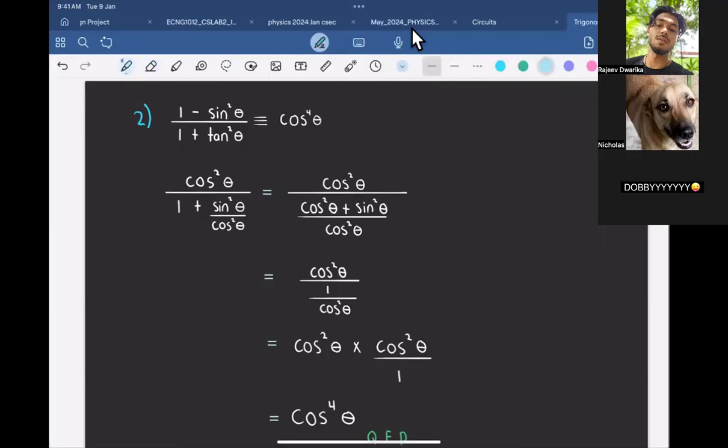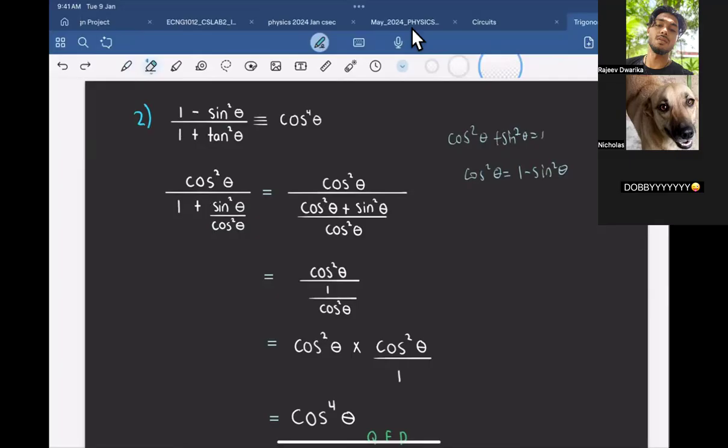The first thing you should have done, using the main identity, cos squared theta plus sine squared theta is equal to 1. That's the main identity you need to know. So cos squared theta is equal to 1 minus sine squared theta. I replaced the 1 minus sine squared theta for cos squared theta, and I replaced the tan squared theta with sine squared theta over cos squared theta. That is what I did.